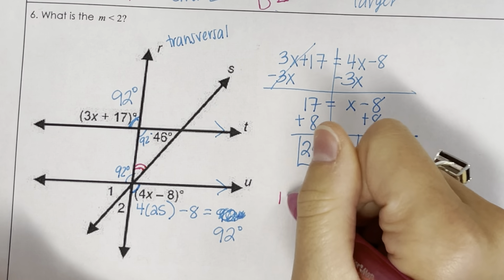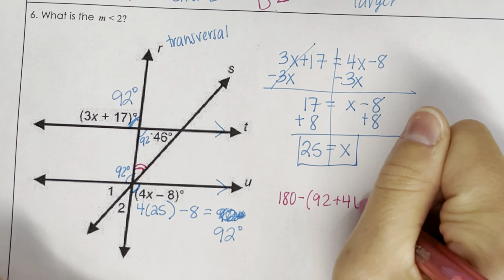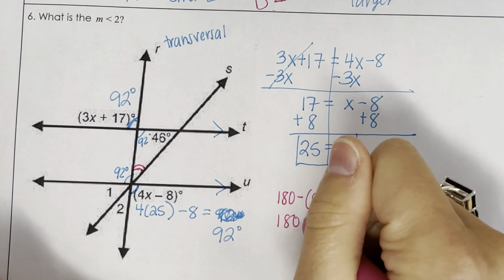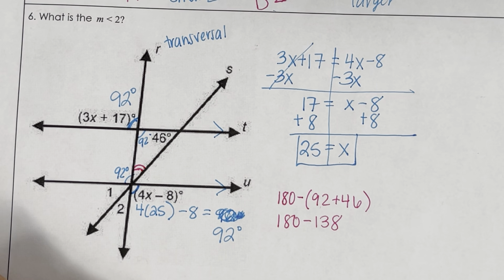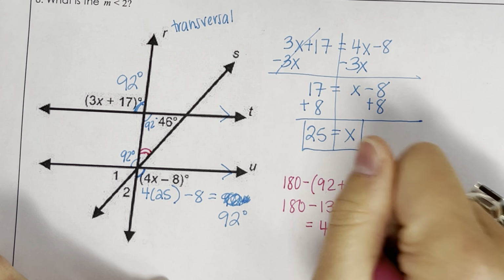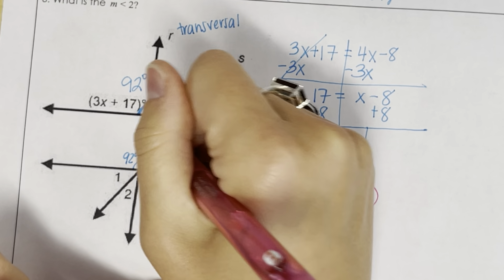So I'm gonna do 180 minus 92 plus 46. If I add those two together, I get 138. And if I subtract 138 from 180, I get 42 degrees. So this angle right here is 42 degrees.